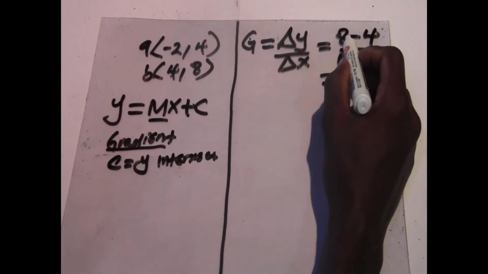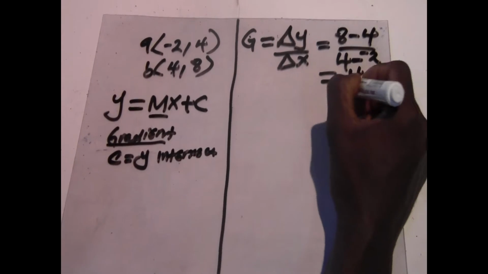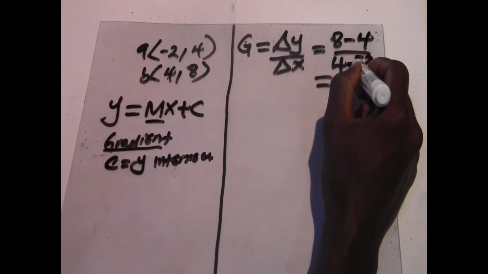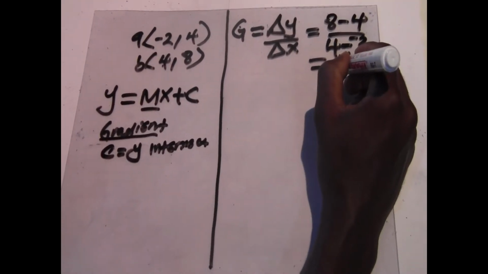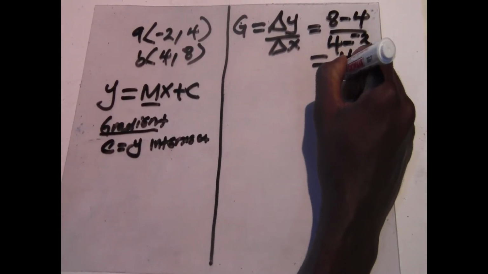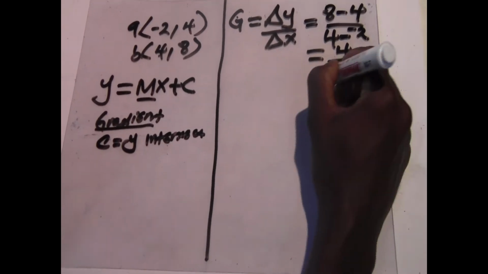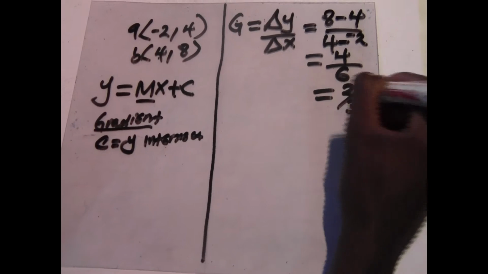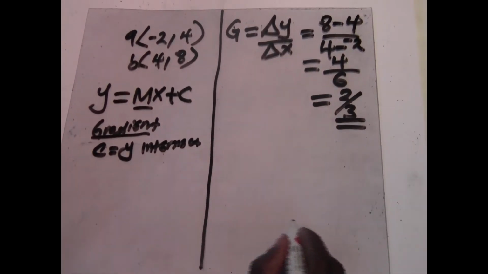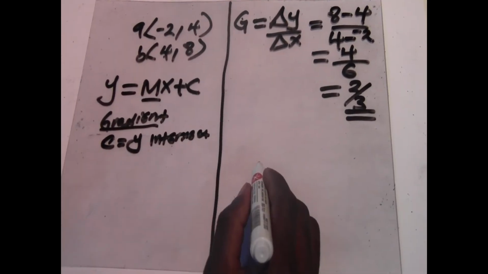This will give us 4 over 4 minus -2. That will give us a positive. So it will be 4 plus 2, which will give us 6. So this you can cancel out to be 2 over 3. This is our gradient.